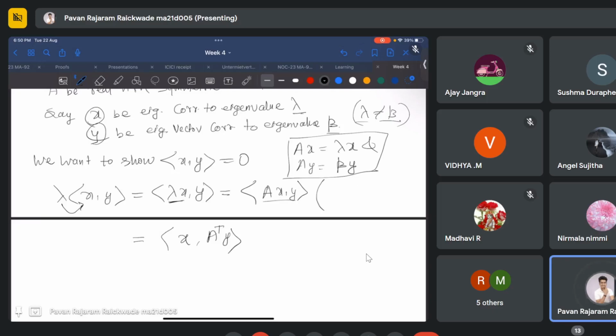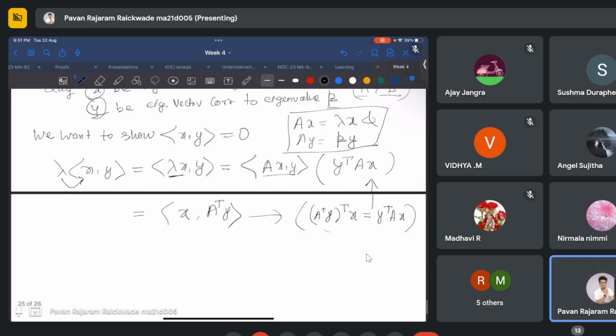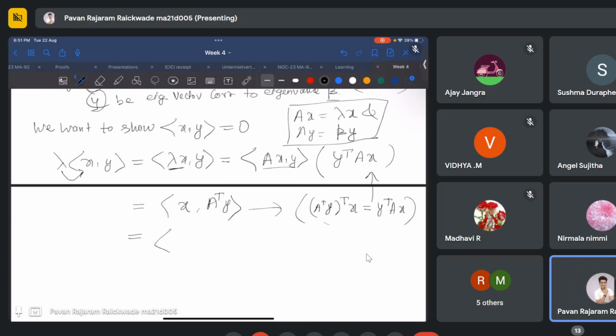Because what is this thing? This is y transpose Ax. What is this? This is A transpose y whole transpose times x. This is the same as y transpose Ax, right? Basic property. Now, because of symmetry, A transpose is the same as A, so you can write A again here.